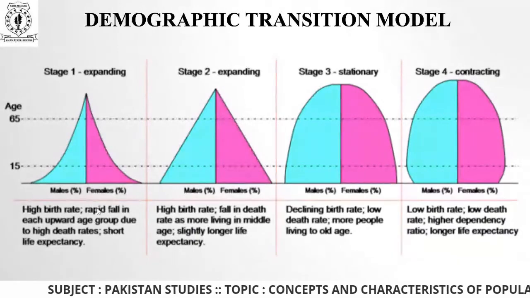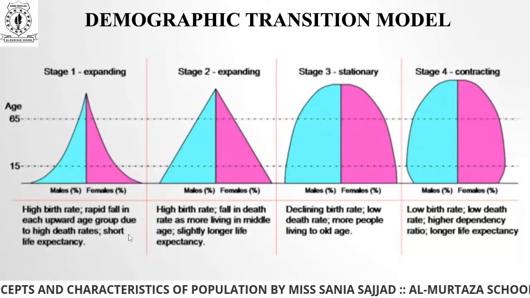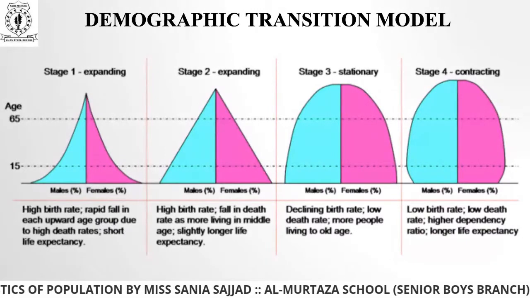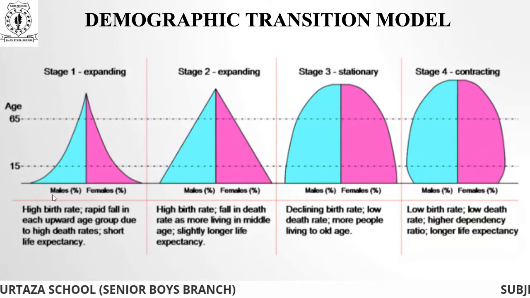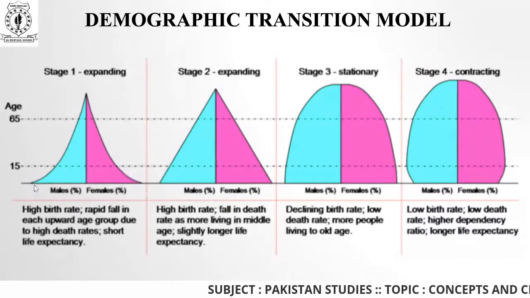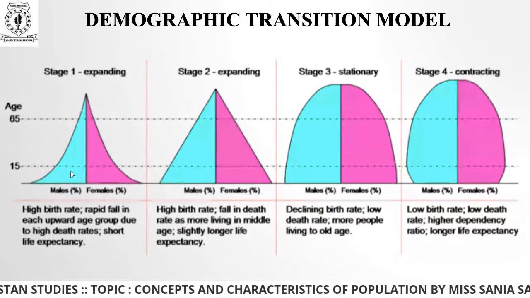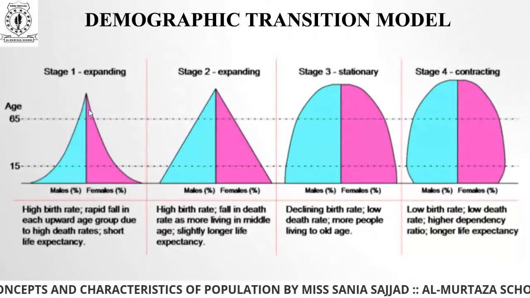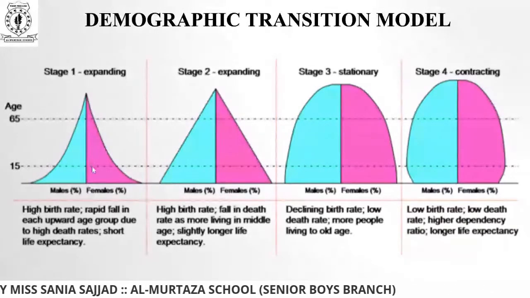In stage 1, there was a high birth rate and a rapid fall in each upward age band due to high death rates and short life expectancy. You can see that this side is the male one and this side is the female one. From both ends it is expanding, going upwards, and when there is a high birth rate, then definitely there is a high death rate as well.